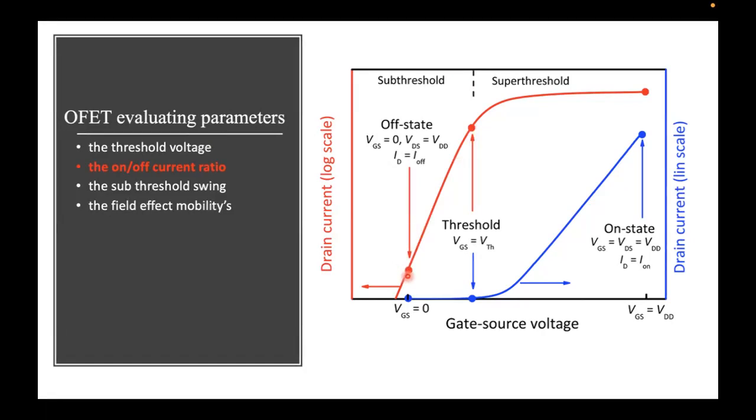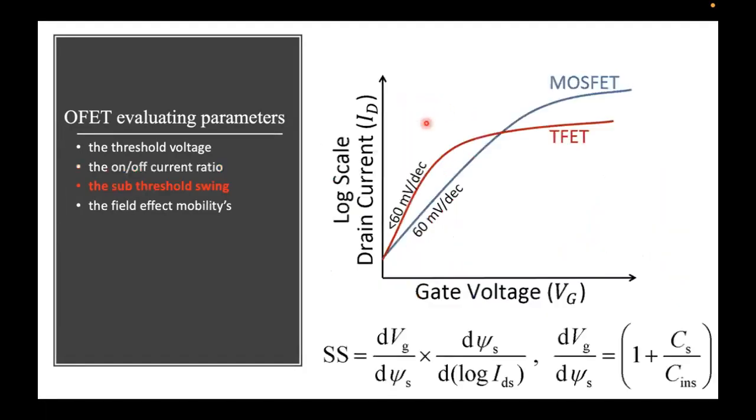Usually, in order to investigate such characteristics, we need a semi-logarithmic characteristic curve showing the drain current in a log scale with respect to the gate voltage, so that you can see in depth what happens in the subthreshold region.